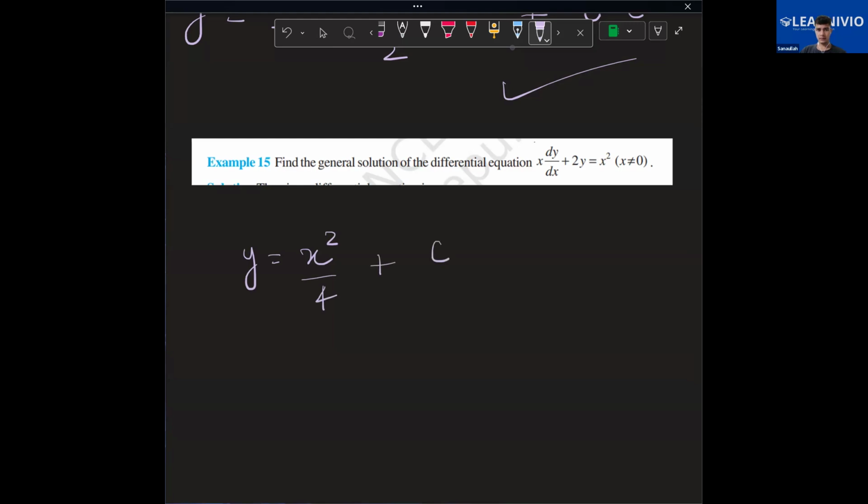Let's see. Yes, c. That's it. x raised to minus 2. X minus 2. Okay. All right. What's your answer, Ali? I got y is equals to x squared by 4 plus c. Please check. You must have this x minus 2 also. This is the right answer.